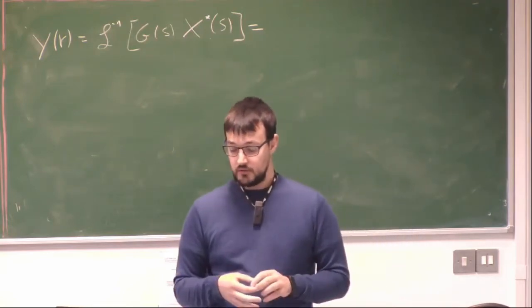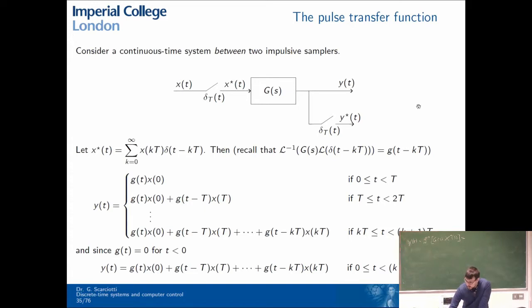What we are going to cover today, if we look at the slide, is basically the last step in describing this interconnection. Up to this point, we saw that the interconnection of sampler and hold device can be described by a scheme of this type, where we have an impulse sampled signal, x star of t, a transfer function in the Laplace domain, and then a certain output that in general we will sample as well, and we will get a y star of t.